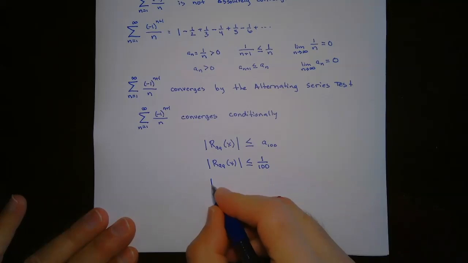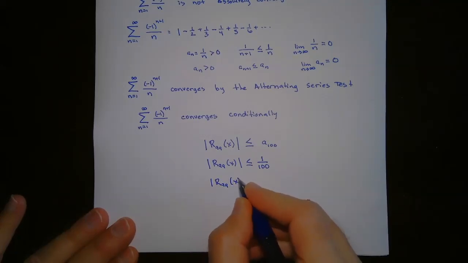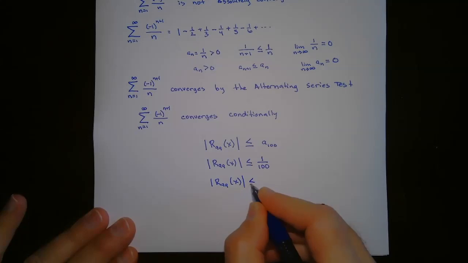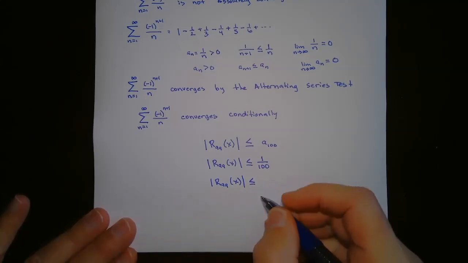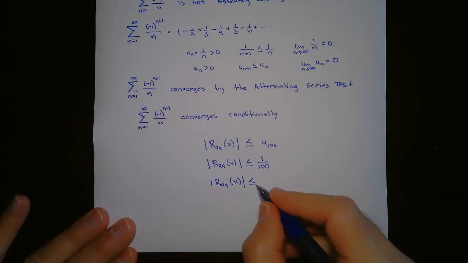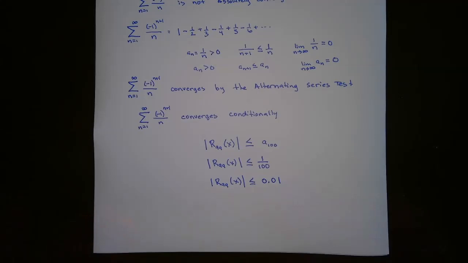That means our error for our Taylor polynomial approximation, if we go out 99 terms, is going to be less than or equal to 0.01, because that's 1/100th. So we are pretty close to being accurate to the actual function. So that's the error bound for the 99 terms.